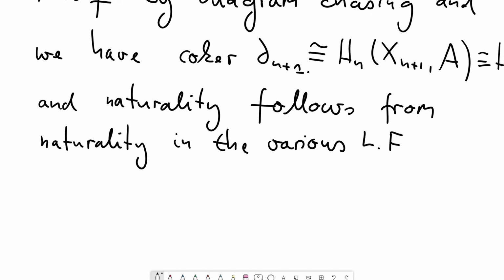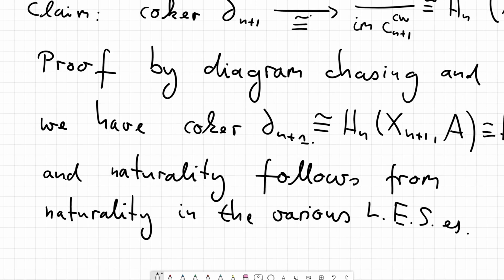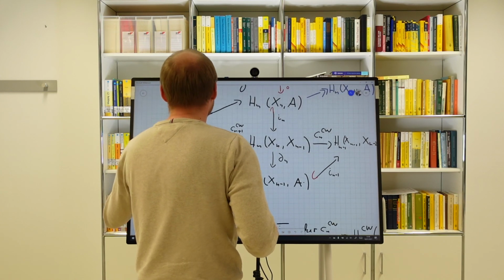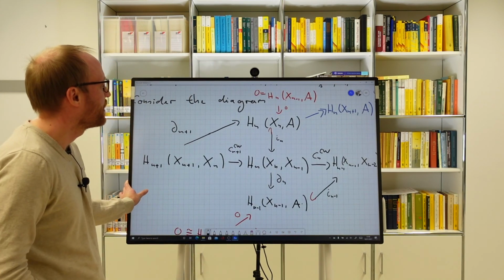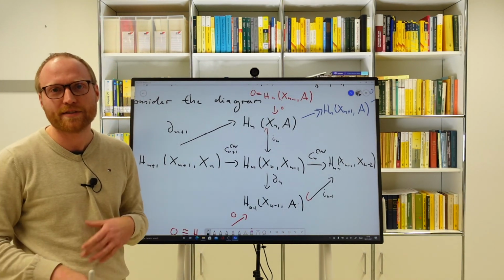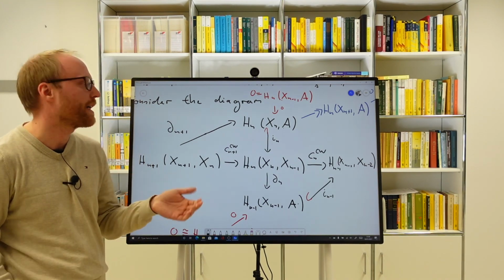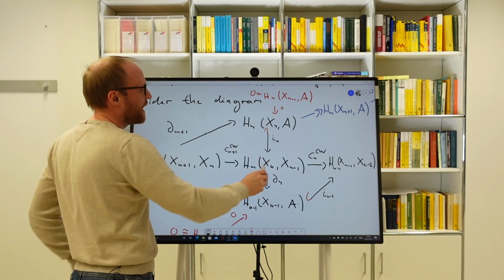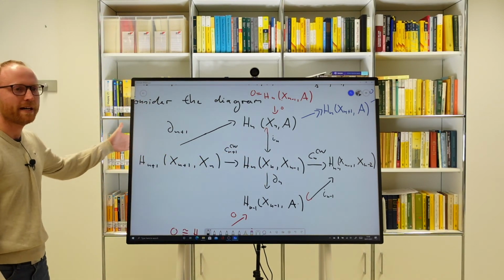Okay, so maybe quickly what I mean by this is, if I had a cellular map from a relative CW complex X comma A to some relative CW complex Y comma B, I would get a second diagram of exactly the same kind, maybe like a meter behind the screen here.